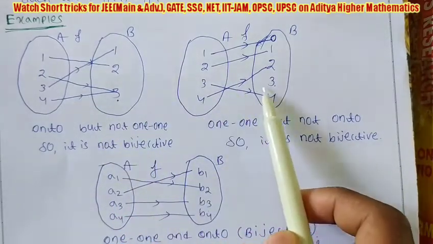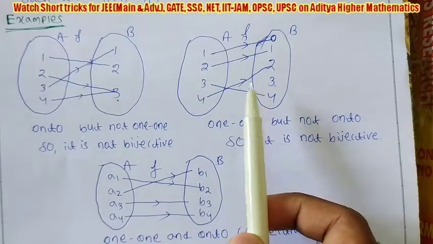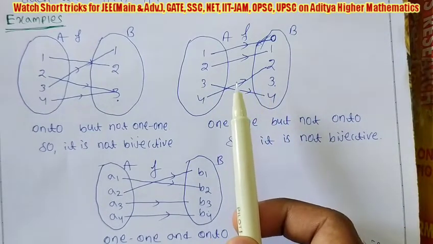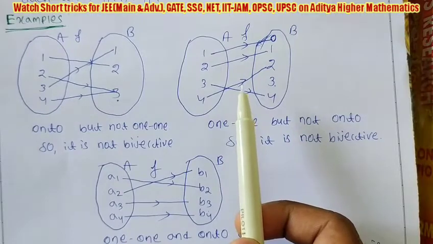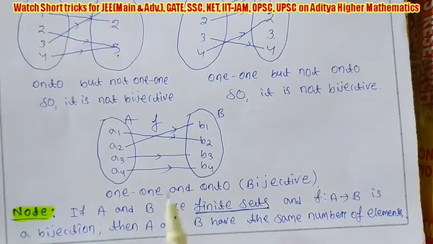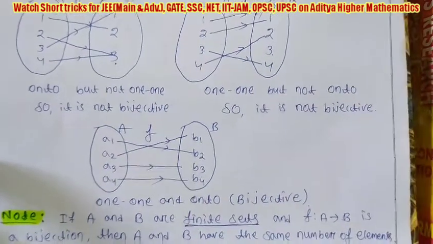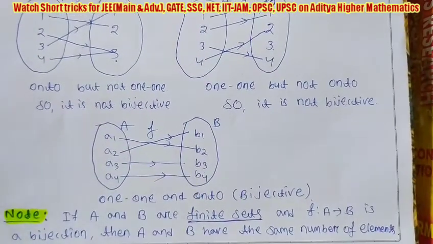And in the second example, we have taken A with fewer elements in comparison to B. So in this case, you will get not onto. But in the final one, when it is bijective, the necessary condition is they must have the same number of elements. Otherwise, that function is not bijective. A bijective function appears if both sets have the same number of elements, if they are finite sets.